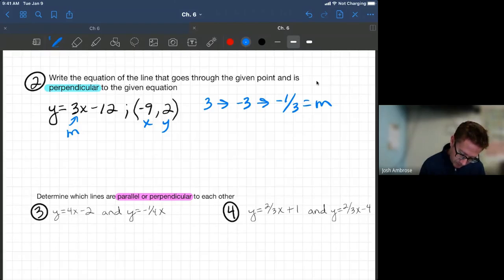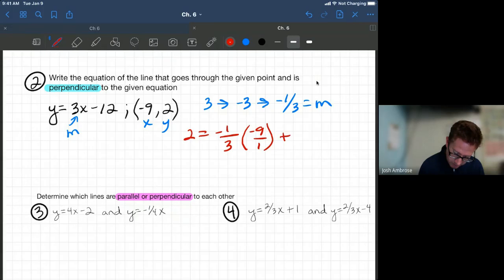All right, so here we go. 2 equals -1/3 multiplied by -9 over 1 plus b. All right, now let's do some cross reducing. Kind of works out nice that way. This will reduce to a 1. The -9 will reduce to a 3.